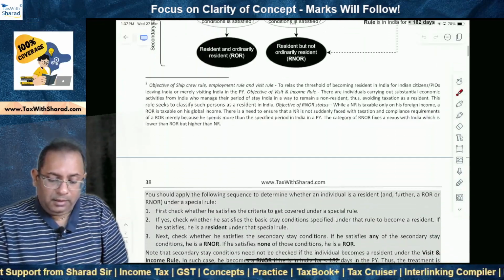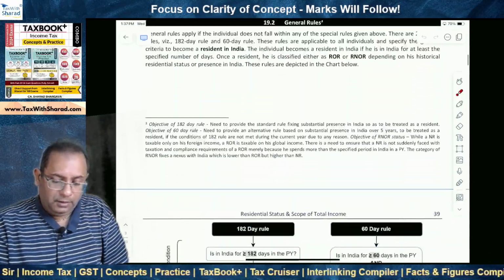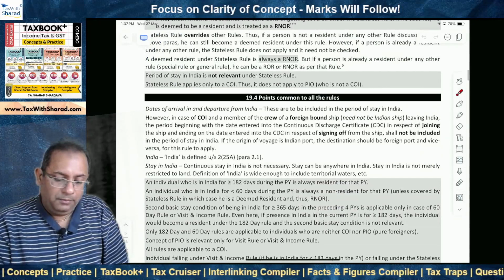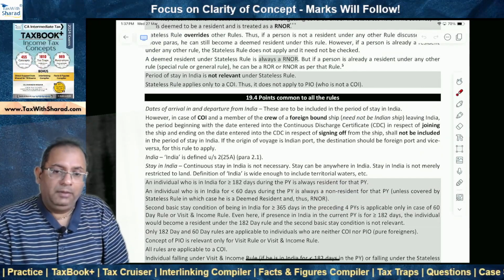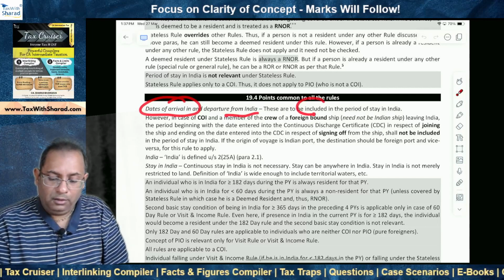Wherever there is a case of a ship, you need to figure out whether the special rule 126 provisions will apply or not. We discussed that when computing the presence in India, the dates of arrival and departure are to be included.